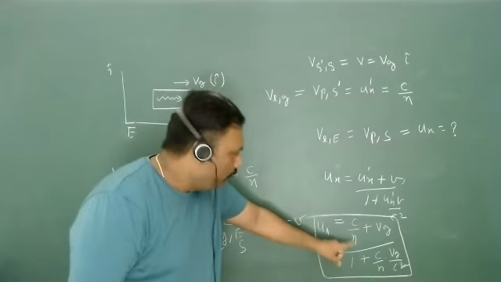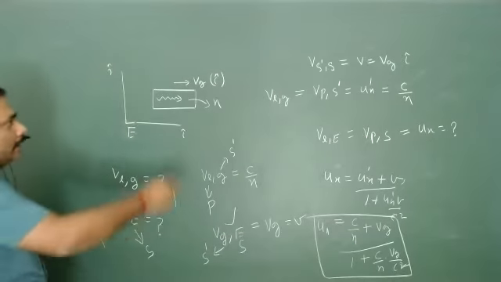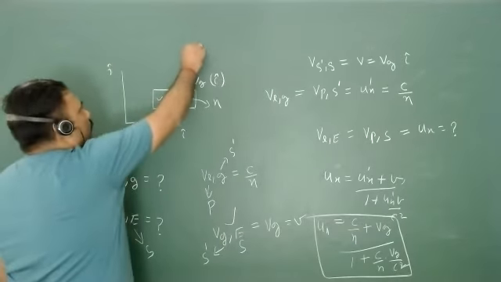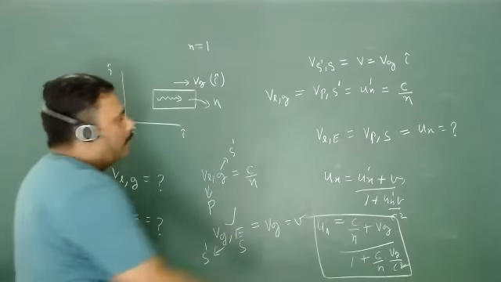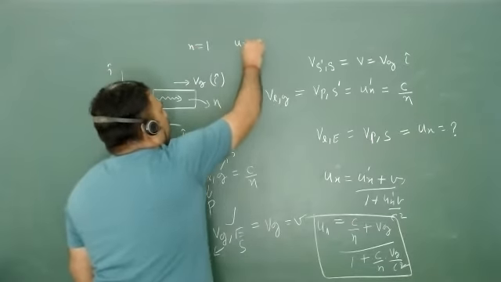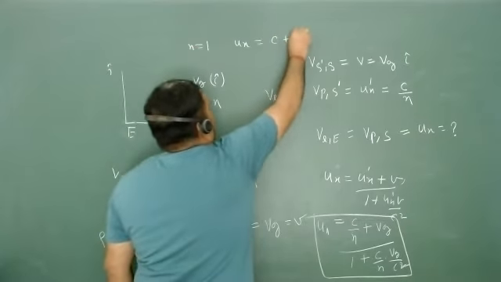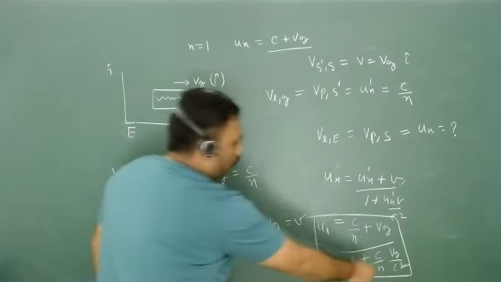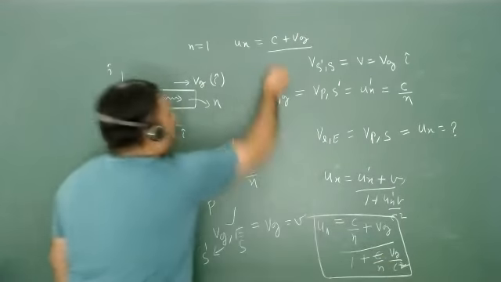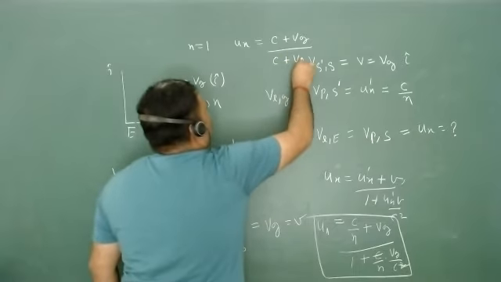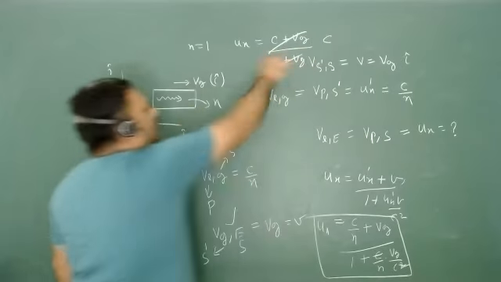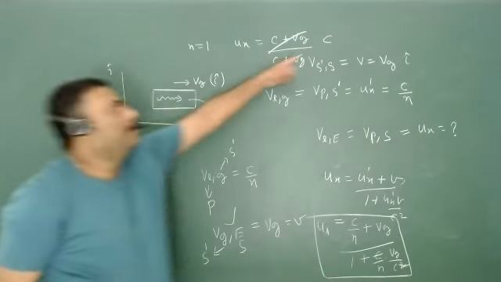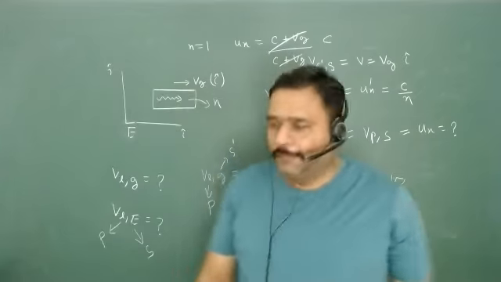So if you put N is equal to 1, then we have Ux is equal to C plus Vg, upon 1 plus Vg by C, and here the C cancels. You have C plus Vg into C, and you can see this particular value is C.